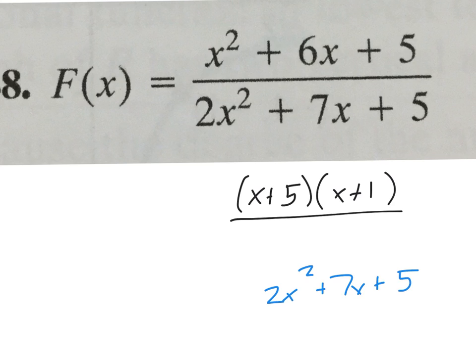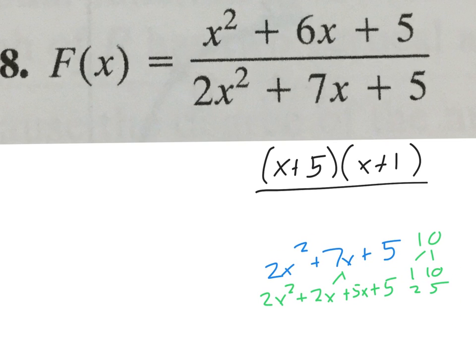A times c gives me 10. What multiplies to be 10? 1 and 10, 2 and 5. Which of those can I rewrite the middle term, 7x, with? That would be 2 and 5. Very good. So this gives me 2x squared plus 2x plus 5x plus 5.